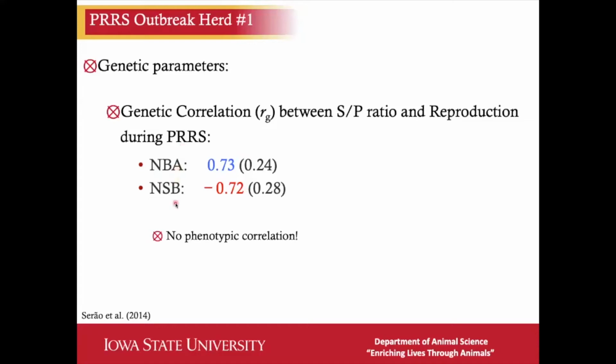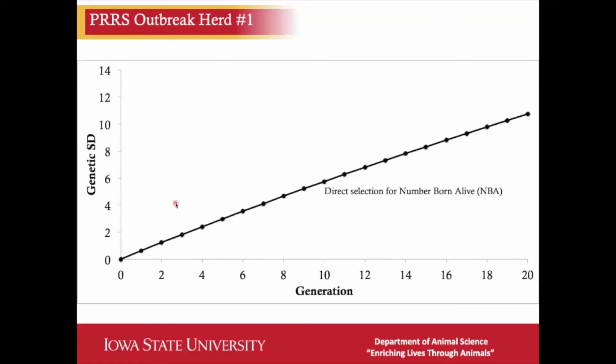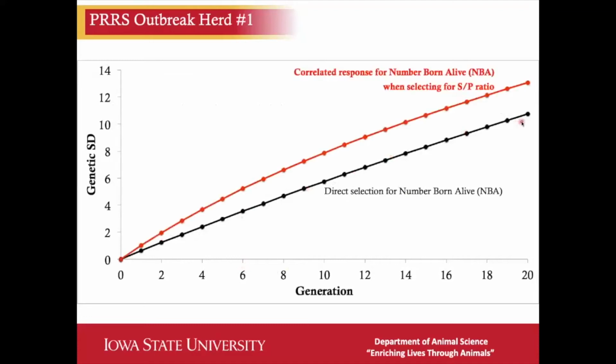Okay? In order for you to visualize a bit how this translates into selection, just think that over the generations we are selecting for number born alive. And that's okay, over the years, the overall performance is increasing. But the idea is, if antibody response is highly heritable and highly genetically correlated with number born alive, I can also change number born alive just by changing SP ratio.